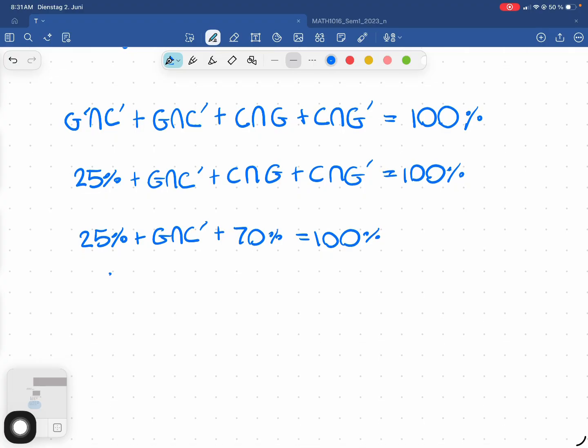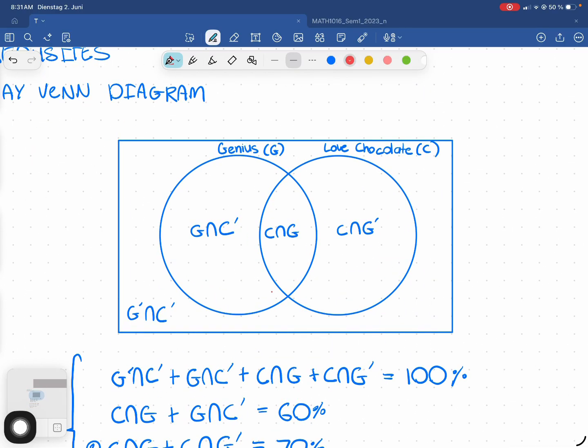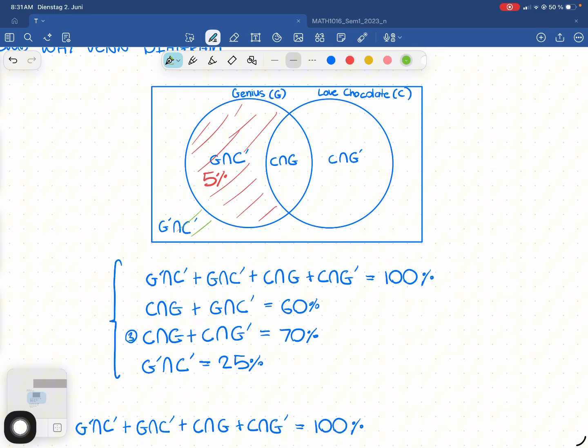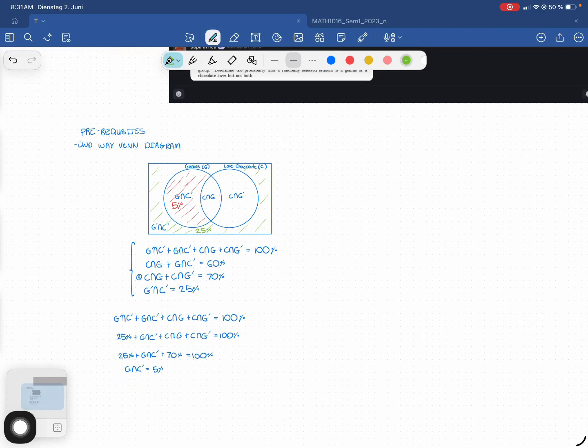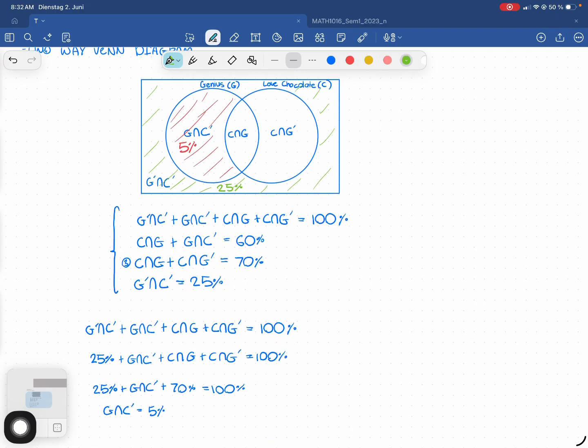And that means G and not C is equal to 5%. So this area right here, that's equal to 5%. We also know this area, that is equal to 25%. So now we can apply the same logic and we can solve it from here.